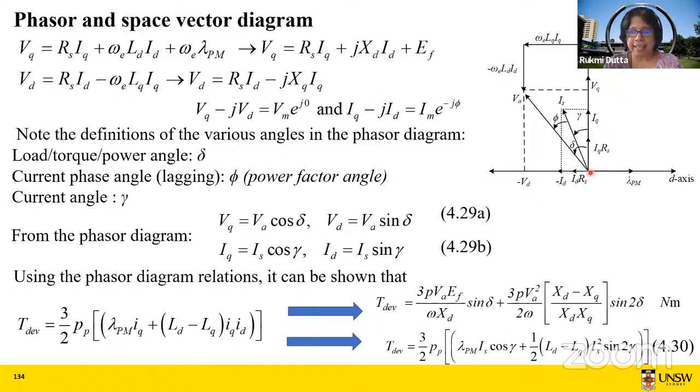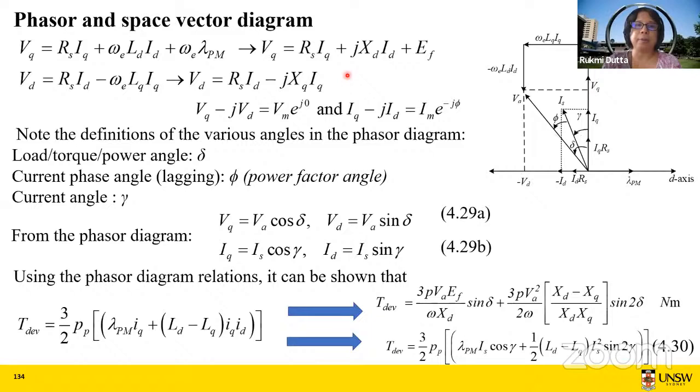Your flux linkage, lambda PM, is along the d-axis, and it induces your EMF, which is along the q-axis. EF is your EMF coming from the lambda PM. So that relation is also still true.